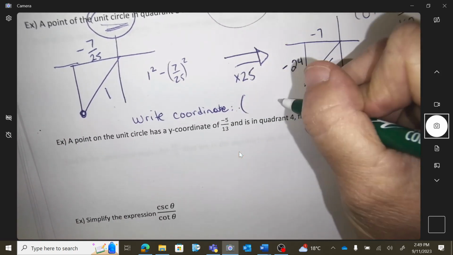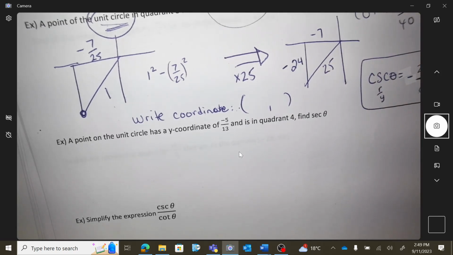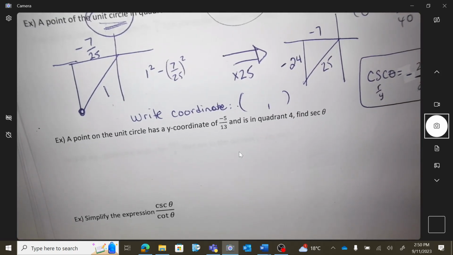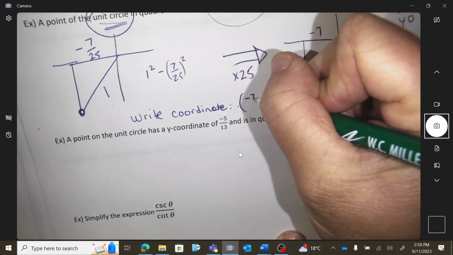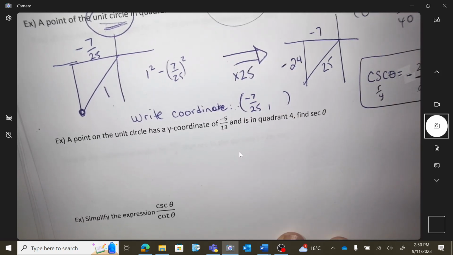Write the whole coordinate, so x comma y. What would you do if I had asked that question? I didn't ask that, but I'm going to go a little further here. So this negative 7 over 25 is the x coordinate. What would be the exact y coordinate here?